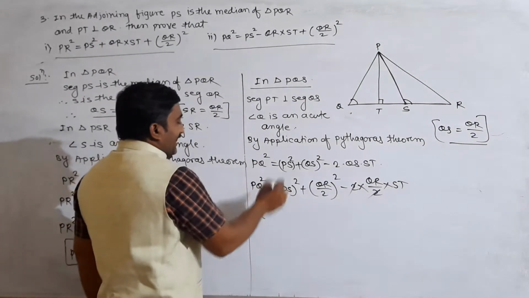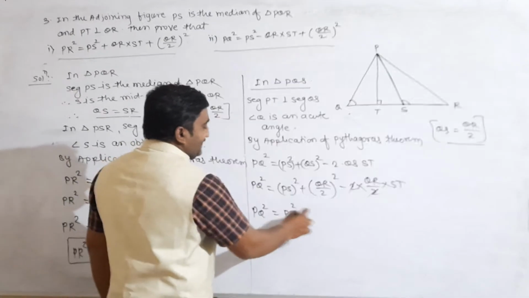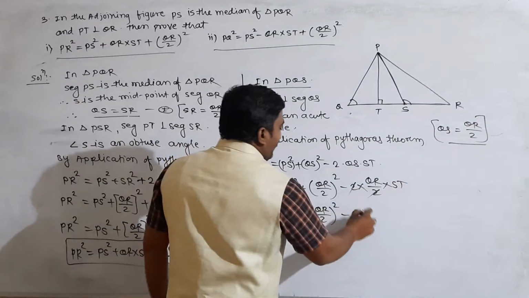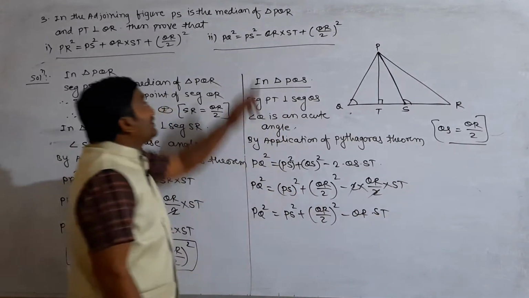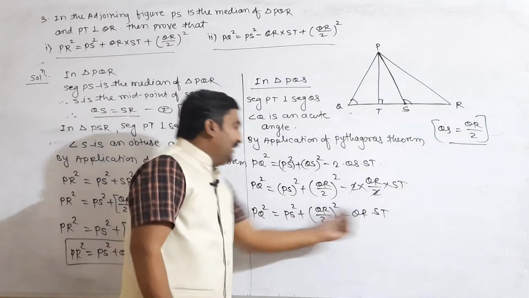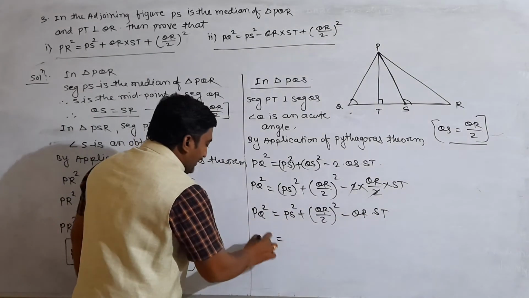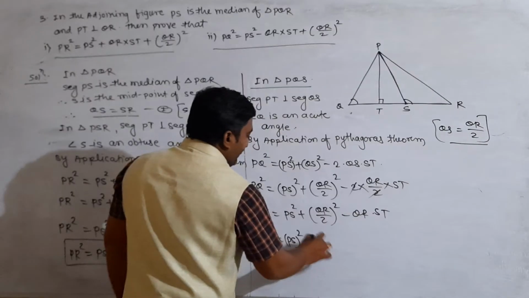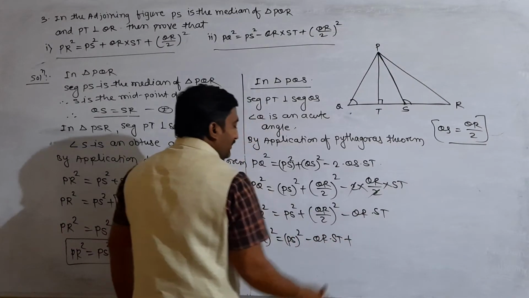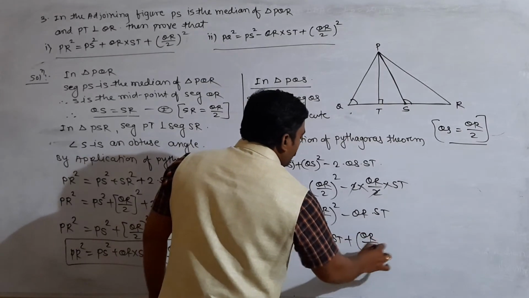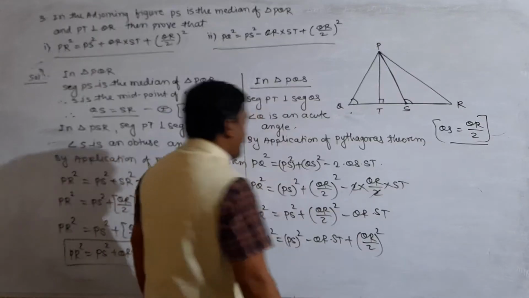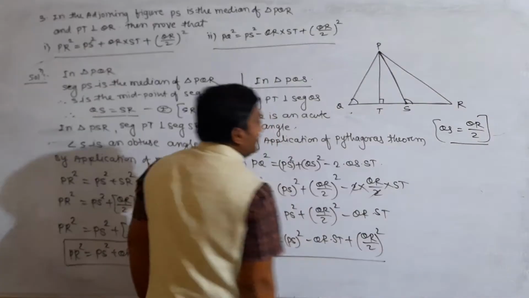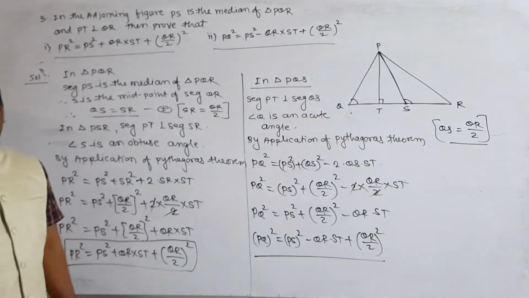So PQ square is equal to PS square plus (QR by 2) bracket square minus QR into ST. So this term is written first: PQ square is equal to PS square minus QR into ST plus (QR by 2) bracket square. This is the proof of the second case by using application of Pythagoras theorem.